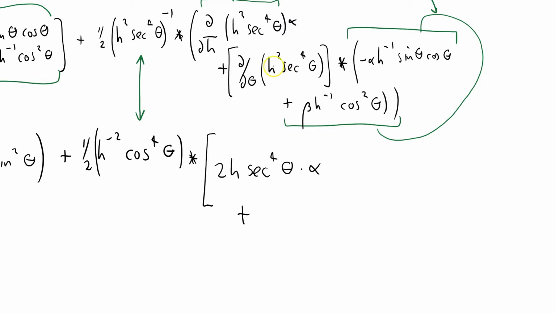this term here, d by d theta. So the h squared comes out. Differentiate sec to the power 4. We have got 4 sec cubed theta times the differential of sec, which is sine theta sec squared.